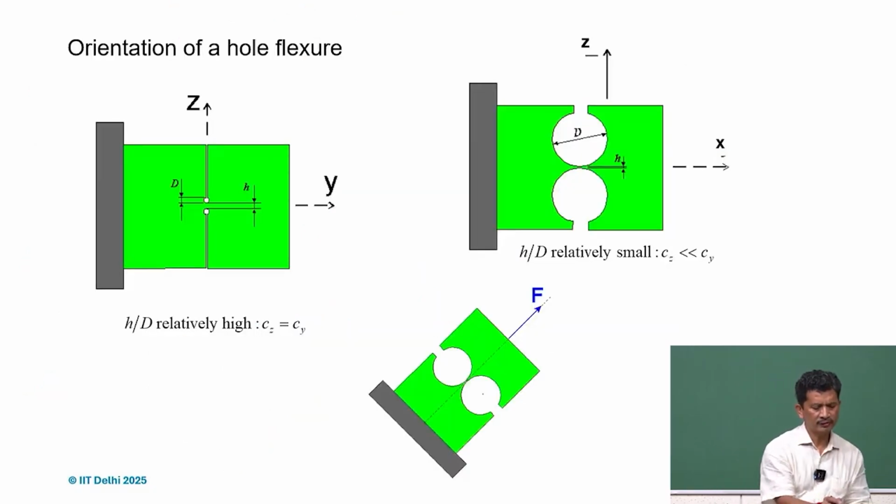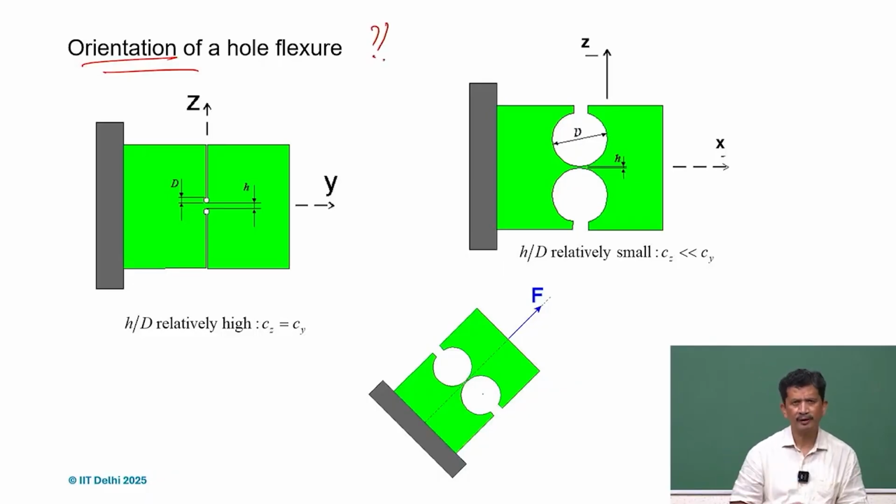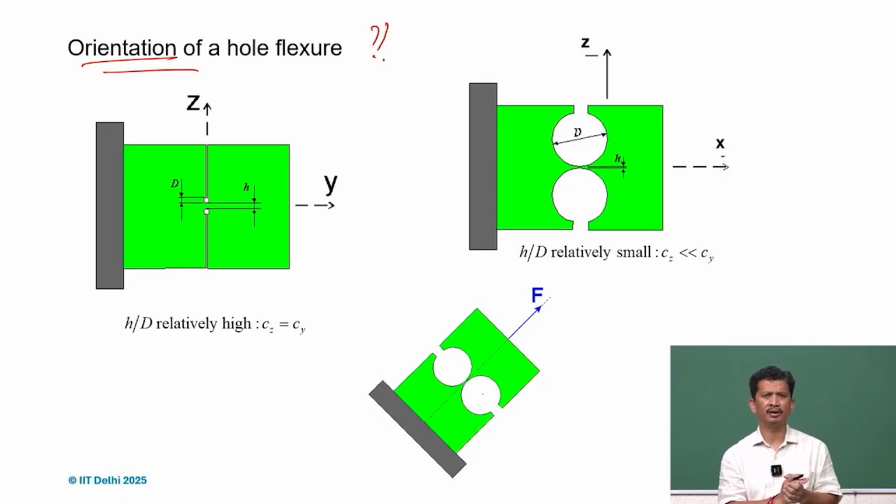The other thing is, of course, one axis, but what will be the orientation of the whole flexures? What are the guidelines? As we learned when we talked about the sheet flexures or simple cantilever structure, similar things we will see here as well.